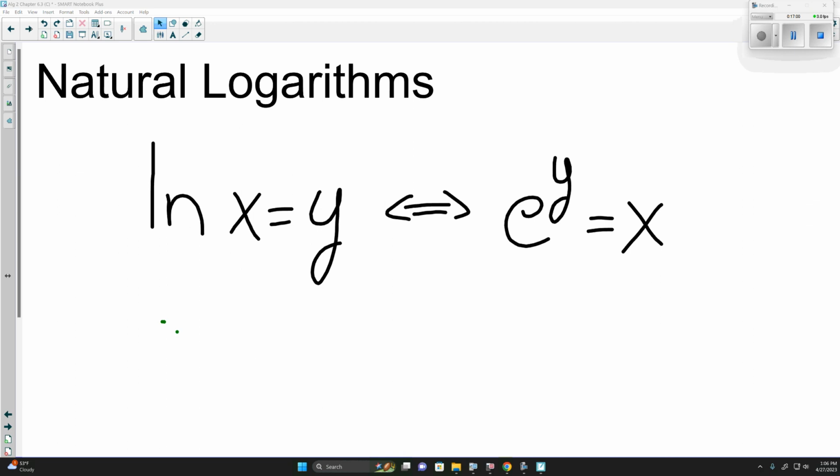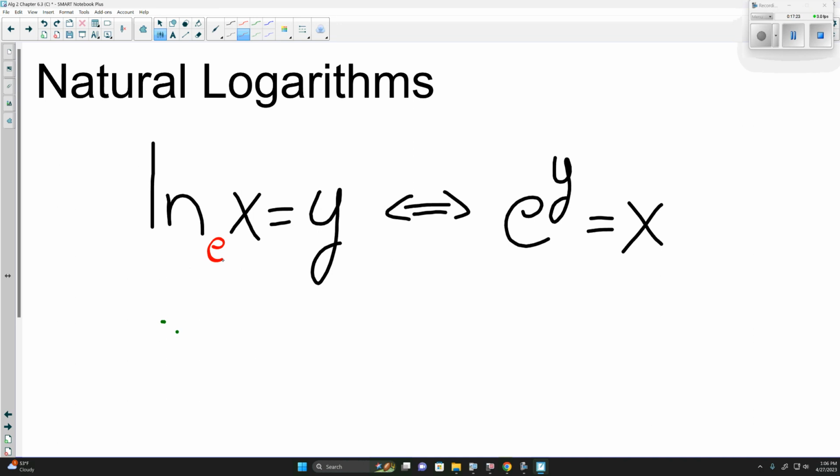Now, this one here, natural logs. These are the other type of logarithmic functions that we'll look at. They're essentially the same thing as our log, except the base is understood to be e, our irrational number, our non-repeating, non-terminating decimal.